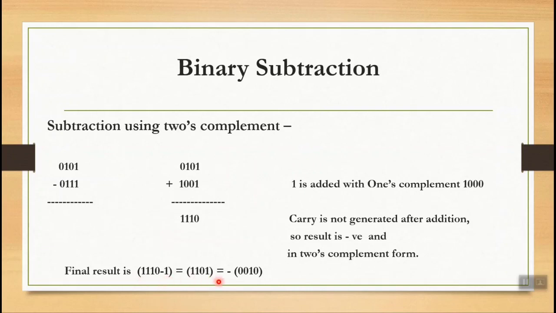Now it is converted to the original number 0 0 1 0 with a negative sign. So 5 minus 7 is minus 2. This is minus 2 only. So this way we can do addition and subtraction: subtraction is done directly as well as with 1's complement and with 2's complement.